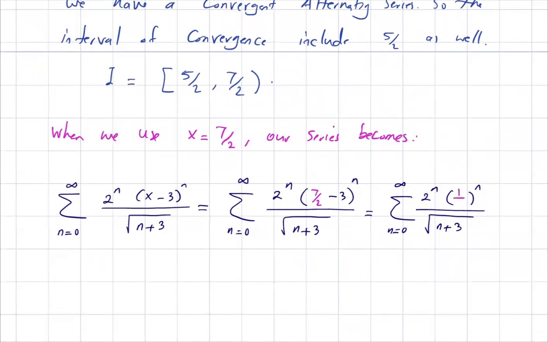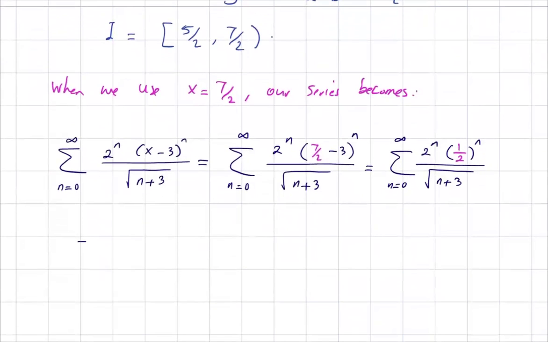Well, this is not going to be a convergent series. Why is that? Because this can be written as the summation of 2 to the n times 1 divided by 2 to the n, over square root of n plus 3, starting from 0 to infinity.